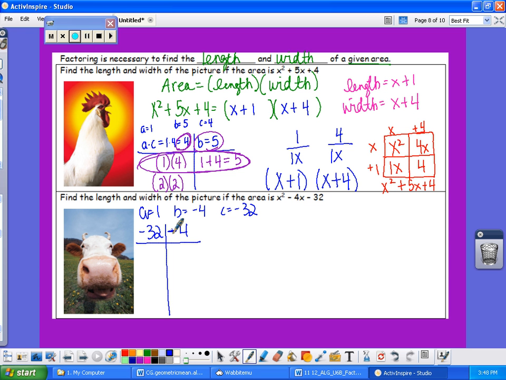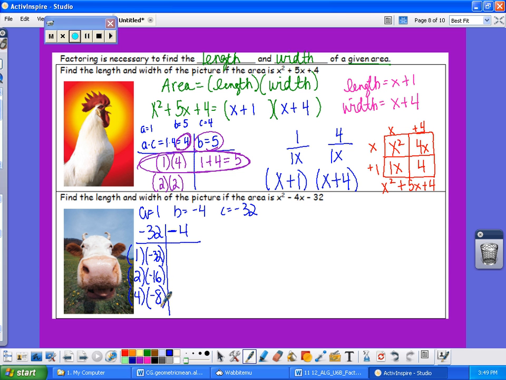It means that your largest factor always needs to be the negative one. So 1 and 32, so 32 will be negative. 2 and 16, and the 16 needs to be negative. 4 and 8, and the 8 needs to be negative.